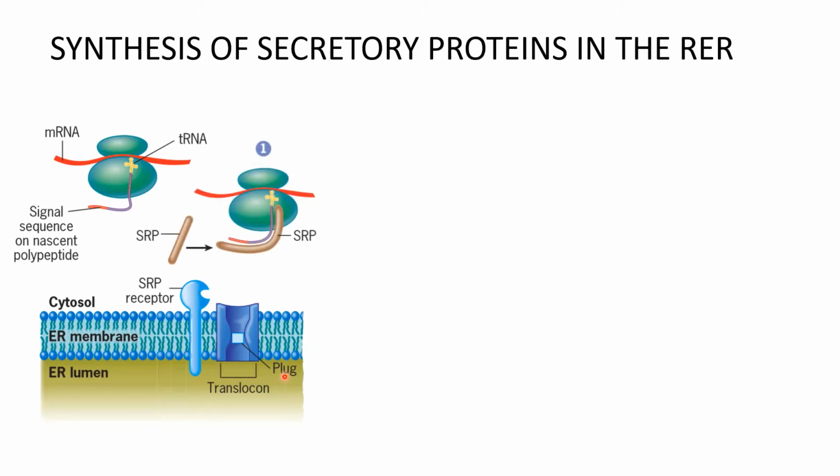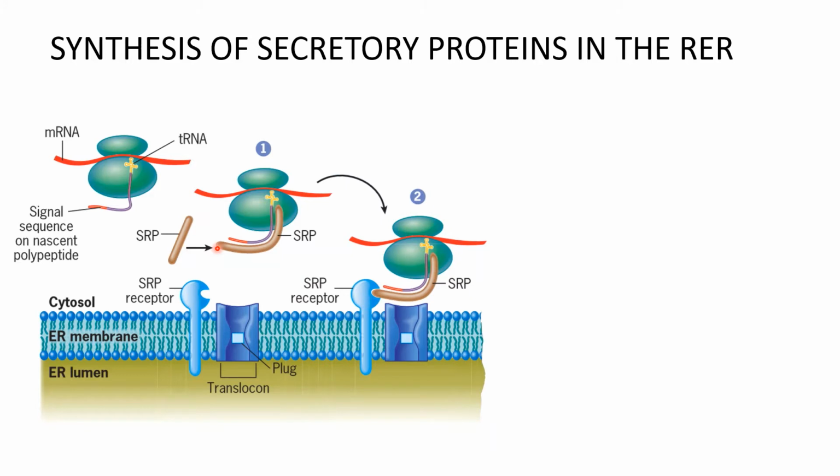When the polypeptide, also known as a nascent polypeptide because it's newly formed, is almost done forming, a signal recognition particle is going to attach to its signal sequence. That's very important because it's the signal recognition particle that will be recognized by the SRP receptor.